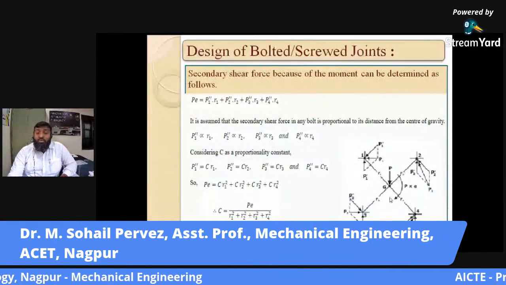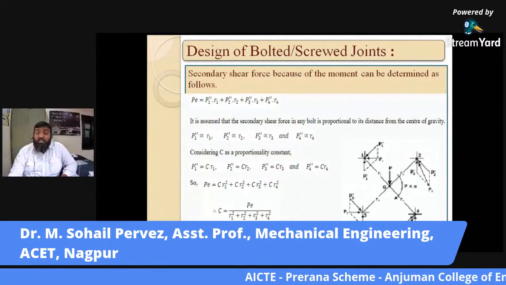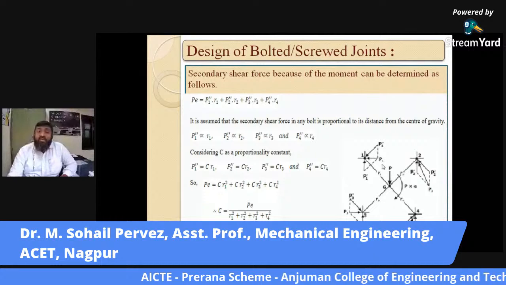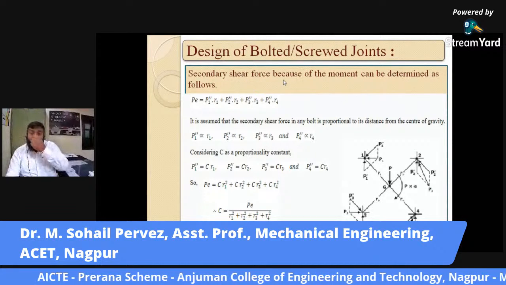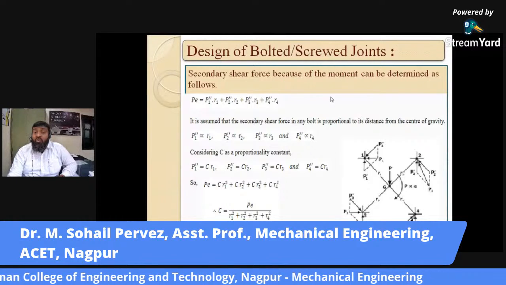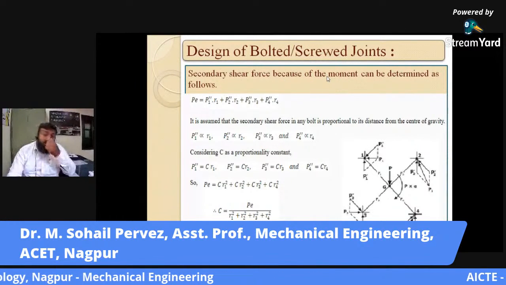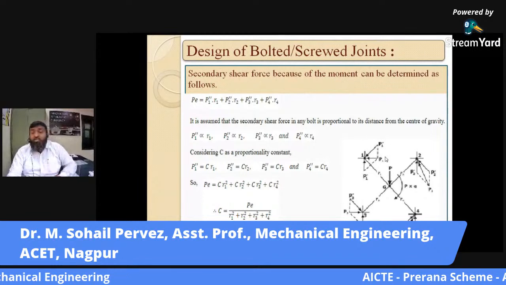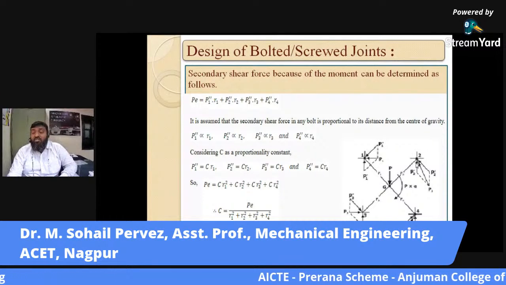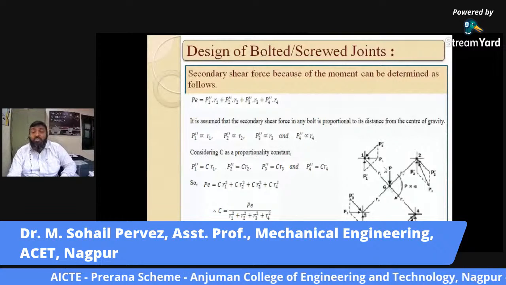Due to this overturning of the bracket, secondary shear force will come into the picture. This secondary shear force will be nothing but the moment developed at each bolt with respect to the CG of the bolt system.